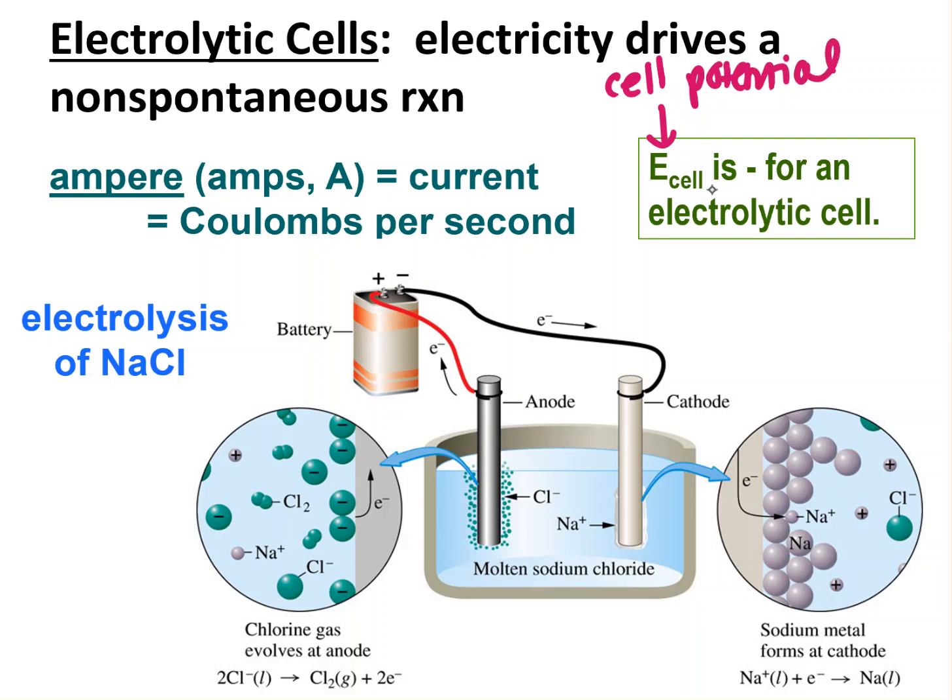We will get back to that with the voltaic cells. Amps, or ampere, is a measure of the current that's required. In this case, we're having a salt, sodium chloride, being separated into its elements. That is not a favorable reaction, but when it's hooked up to a current, we can get that to occur.